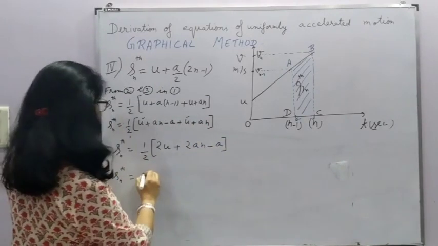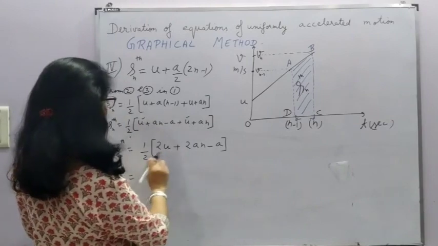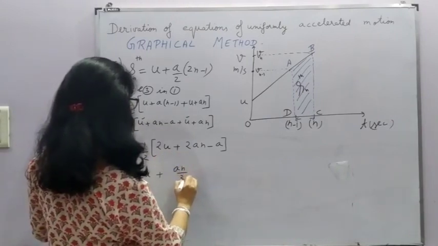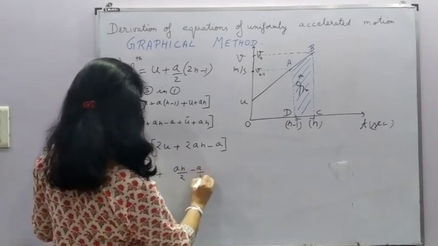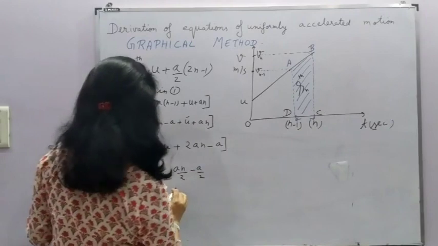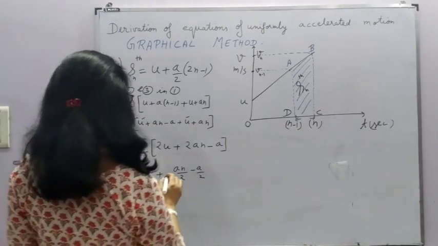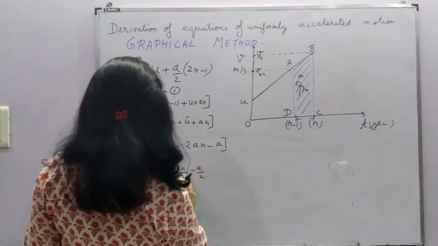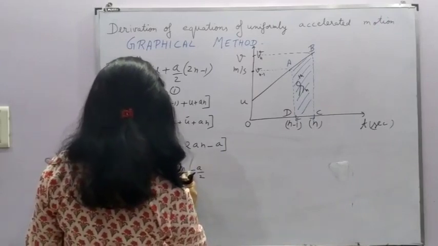This is U plus, multiply this also by, so this gives us AN.